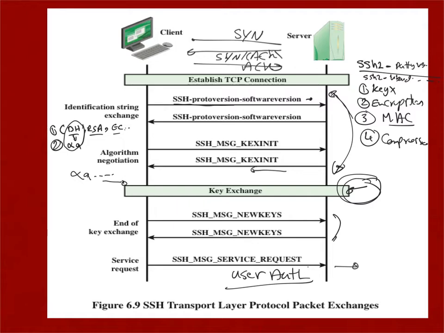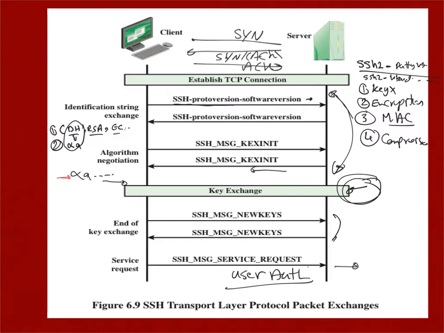Remember also the client here at this point has another piece of information about the server, which is the public key of the server, which is already stored locally, right? Or the certificate of the certificate authority, which is responsible for authenticating the server.